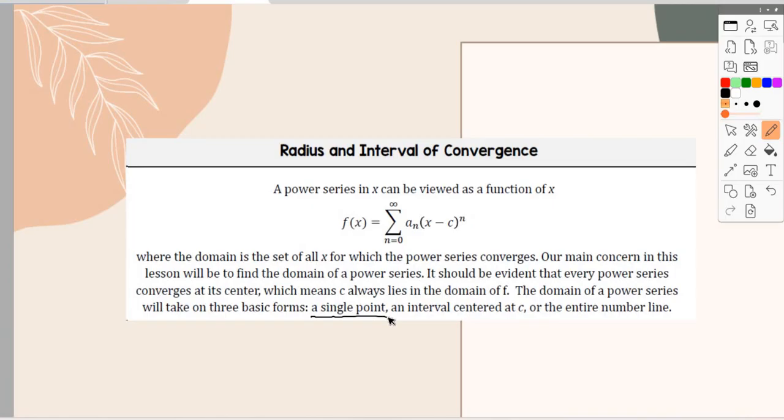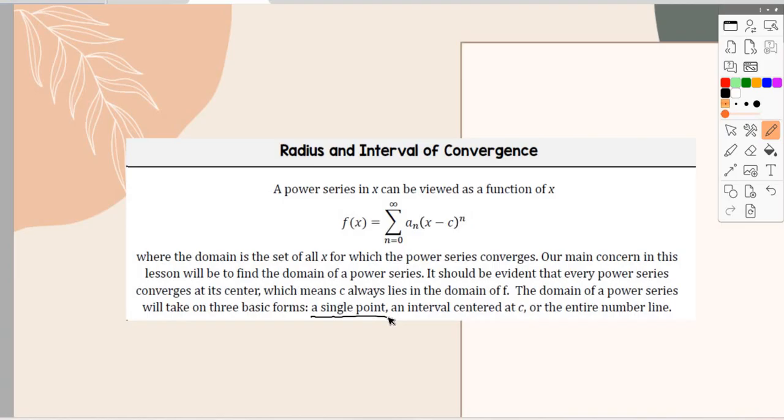I want to get out 0, right? So I had 0 plus 0 plus 0 plus 0. What if I plug in something that gives me 0 here? c, right? So my function will always be convergent when x equals c. That's why it will always be convergent at least at a single point, at c.